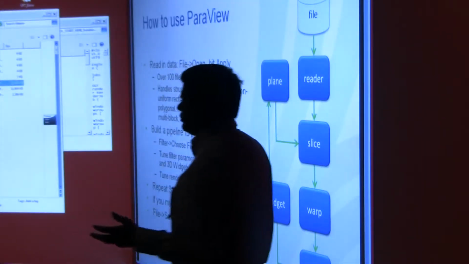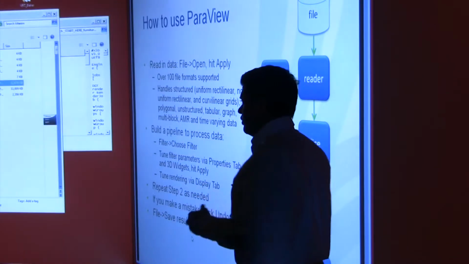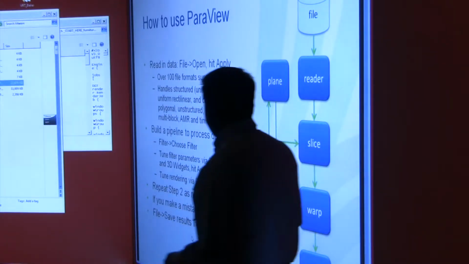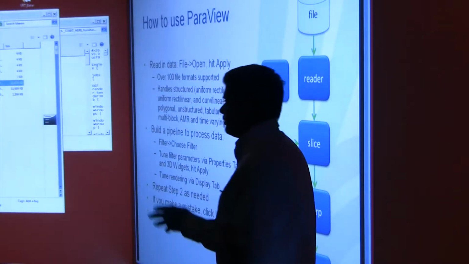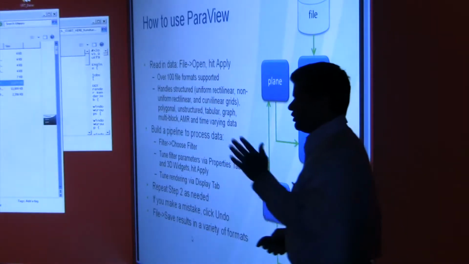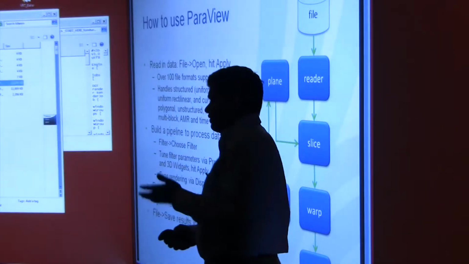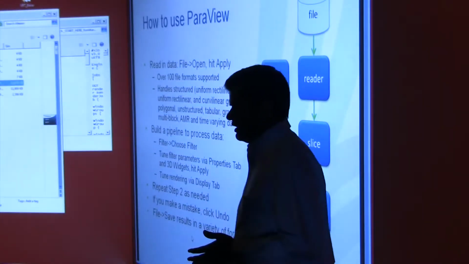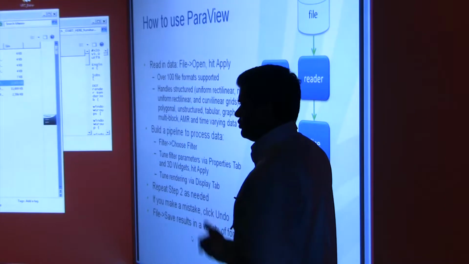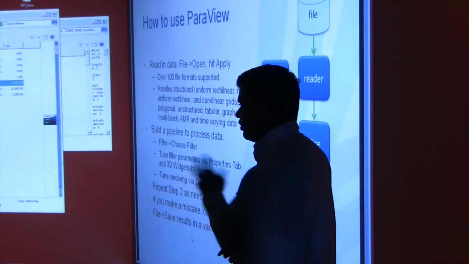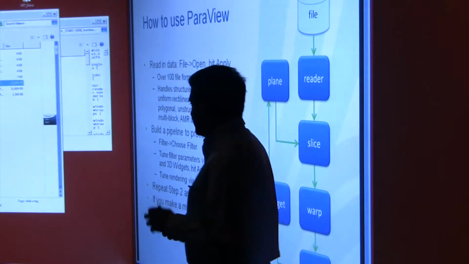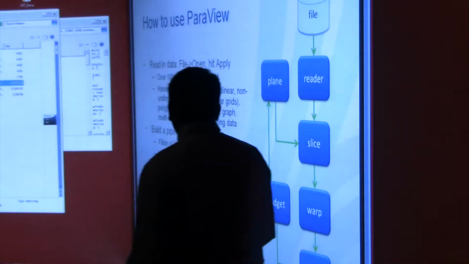All you have to do is open a data set that you would like to visualize and construct a pipeline. Once you have this pipeline, you can perform operations like clipping, slicing, and contouring. All those filters are available to you in the client, but you can also write code in Python or C++ and do all those operations for your applications.